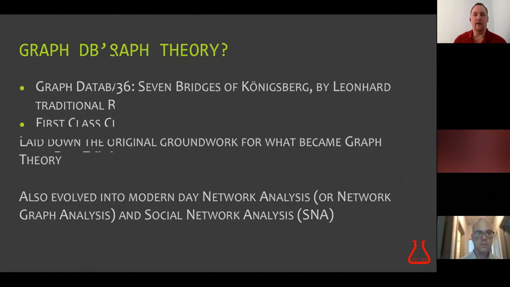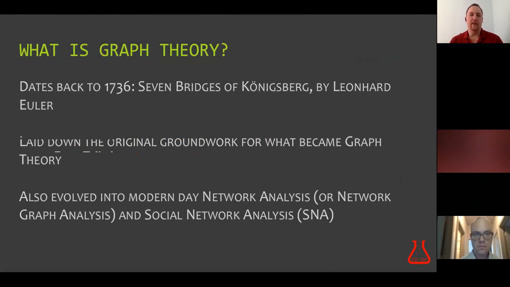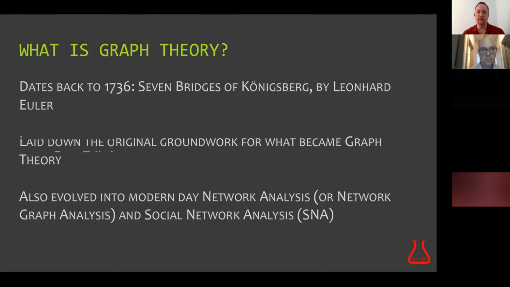And so a little bit of background. Graph theory really started with Leonhard Euler in the 1700s with the seven bridges of Königsberg problem. He laid down the groundwork for what eventually became modern-day graph theory. That's also evolved into social network analysis, and the literal networking sense, like what we do at Cisco, and a lot of other fields and applications.